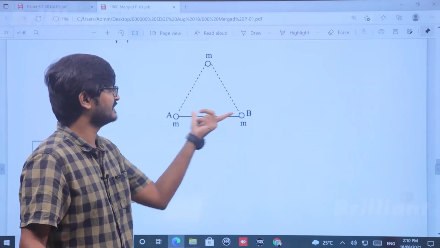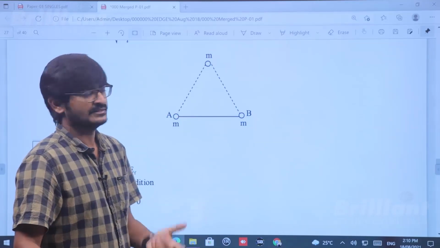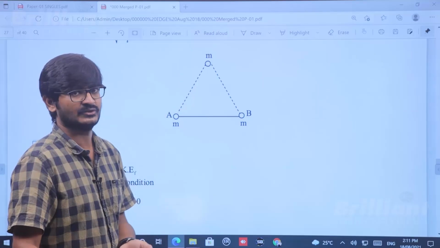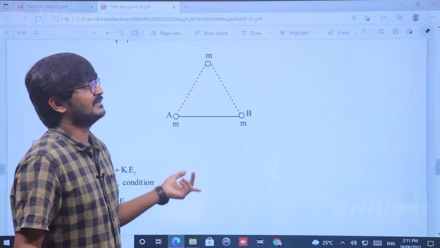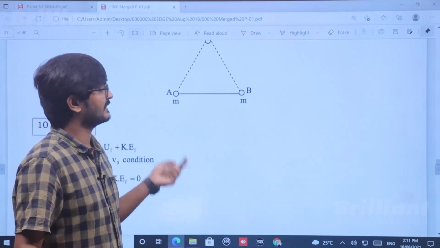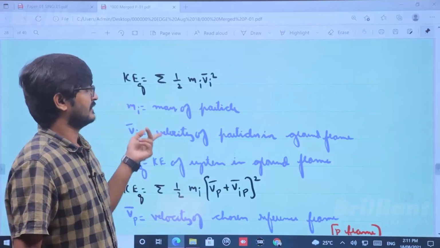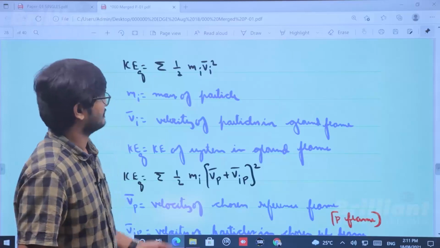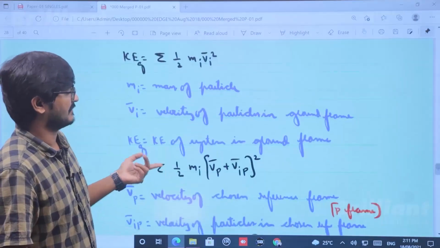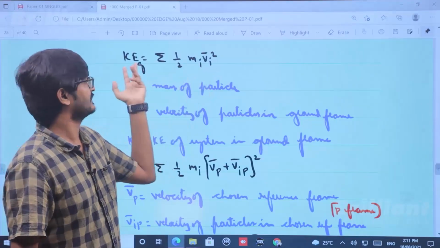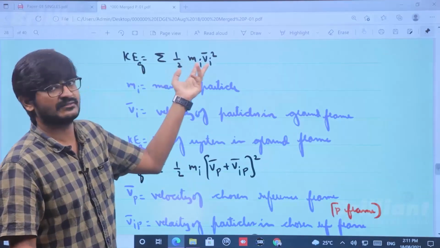So the potential energy between A and B won't be changing. So I won't be bothered about the potential energy between A and B because it won't be changing anymore. Now, I'll be solving the question from the center of mass frame. The reason is, I think I must have taken this derivation in revision, I am not sure, but the kinetic energy of the system is the summation of all kinetic energies of the particles.